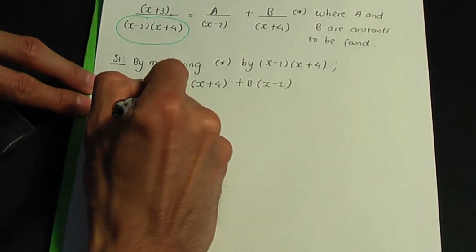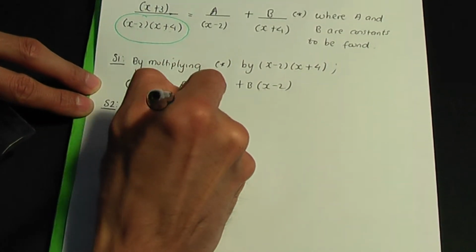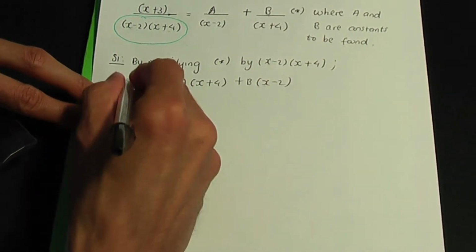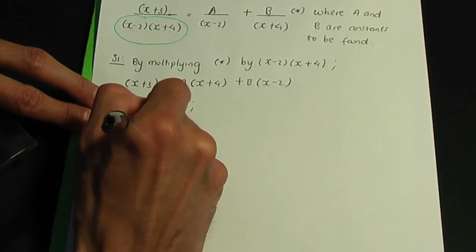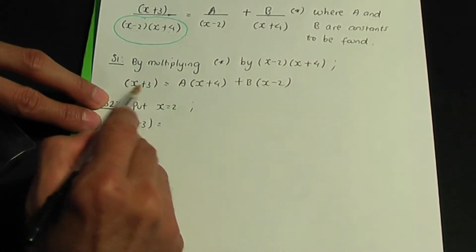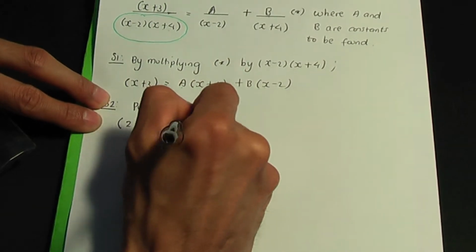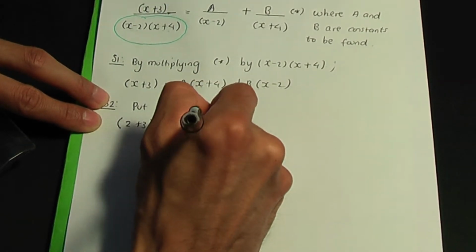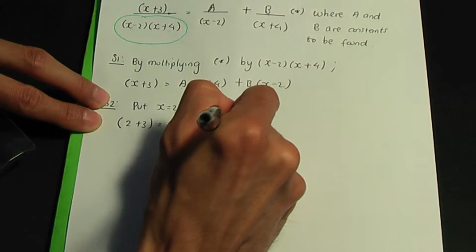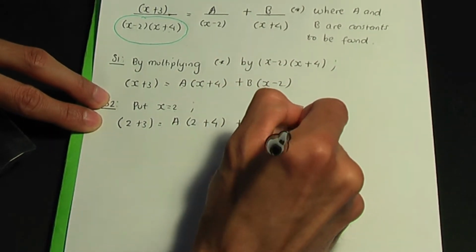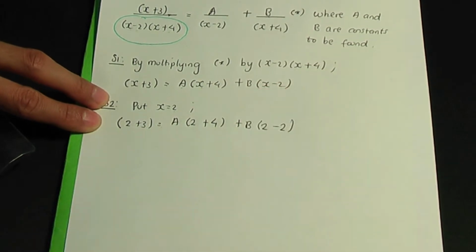Okay, so let's do that. So let's put x equals 2, and by doing this I'm going to have 2 plus 3 on the left hand side as x is 2. That is equal to a into x, which is 2, plus the 4, plus b into x, which is 2, minus the 2.